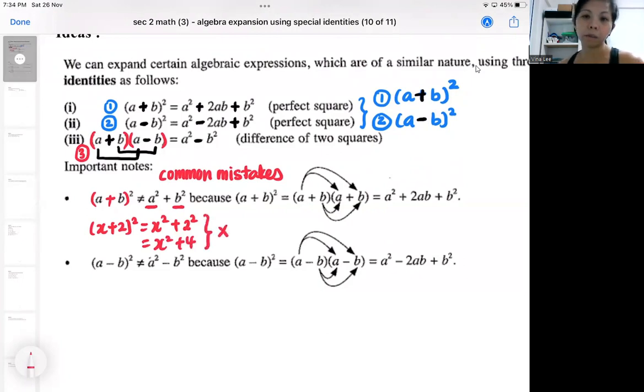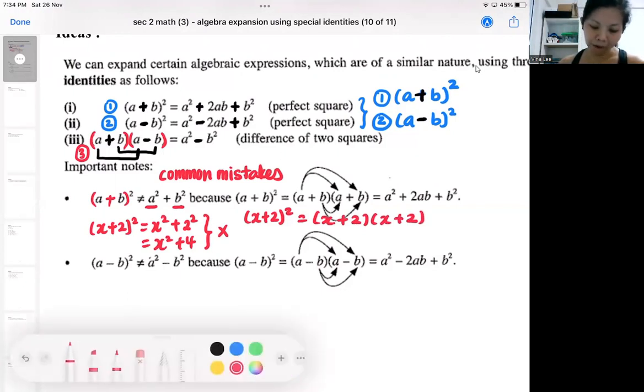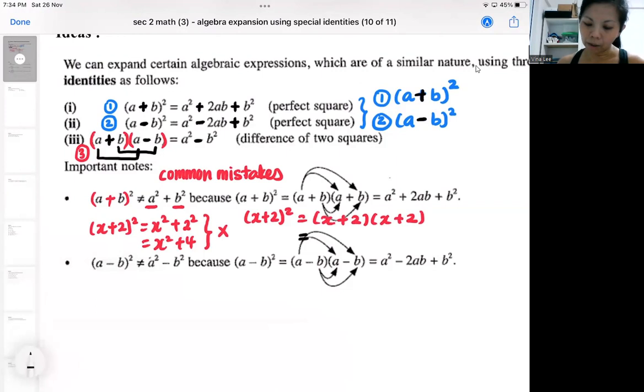So why would it be totally wrong? Because if I'm doing x plus 2 squared, what is the meaning of x plus 2 squared? It actually means that the bracket will repeat, and you can apply your arrow method. Take the first guy and multiply.